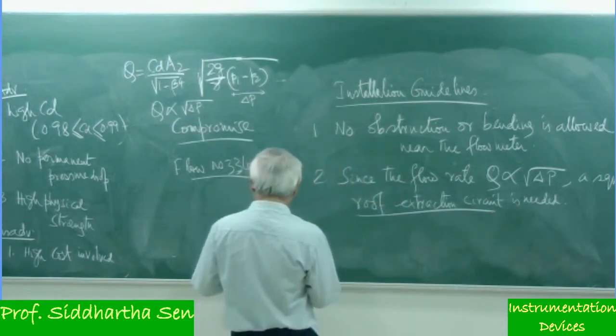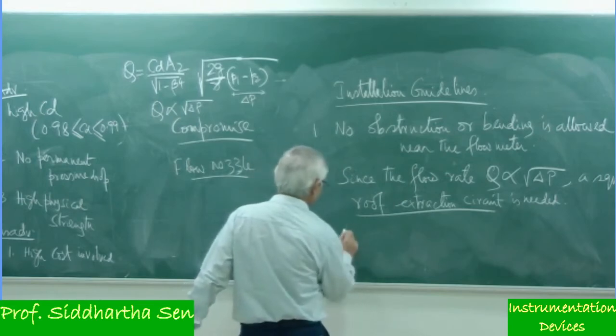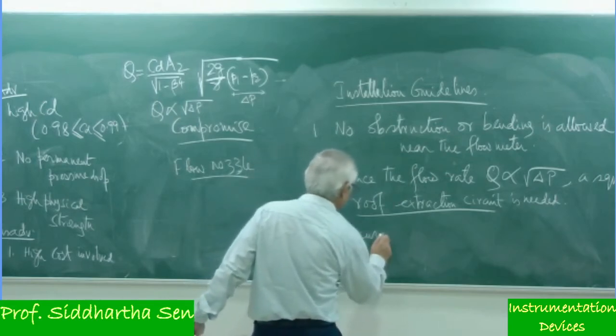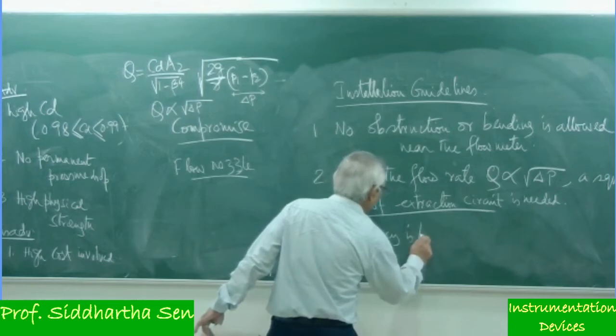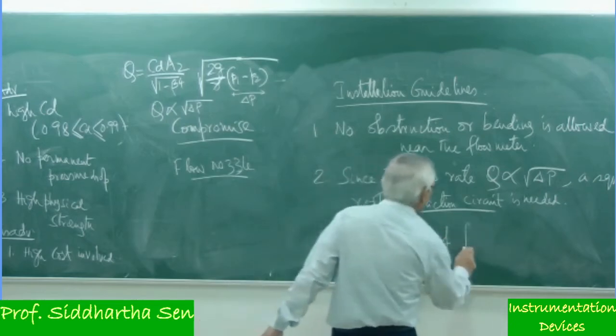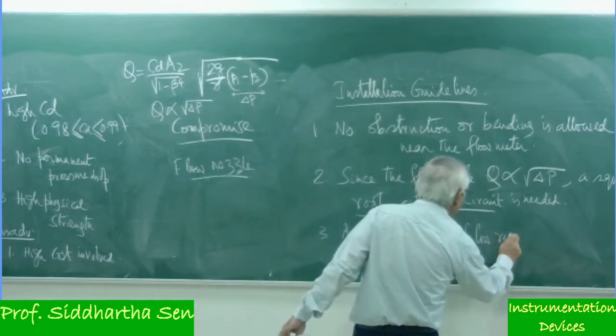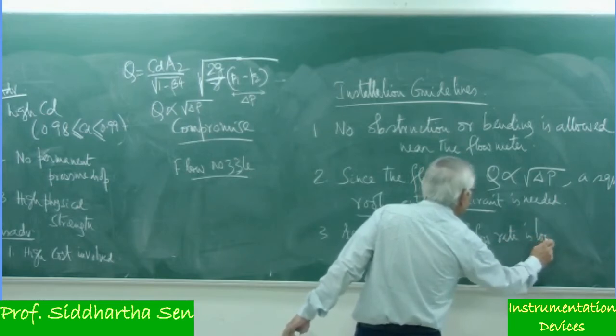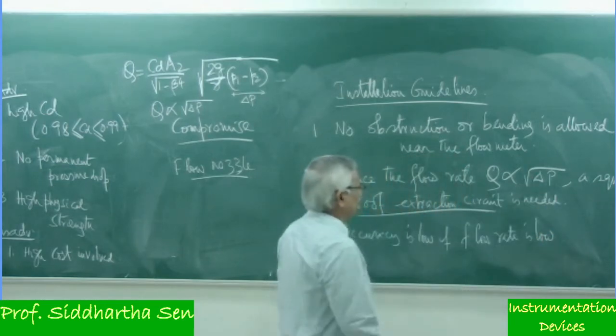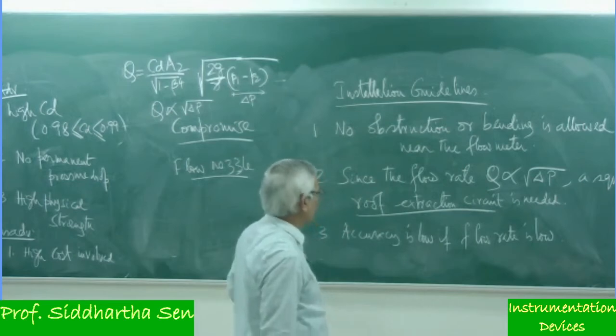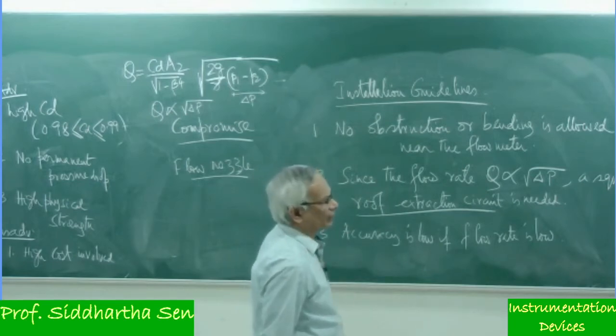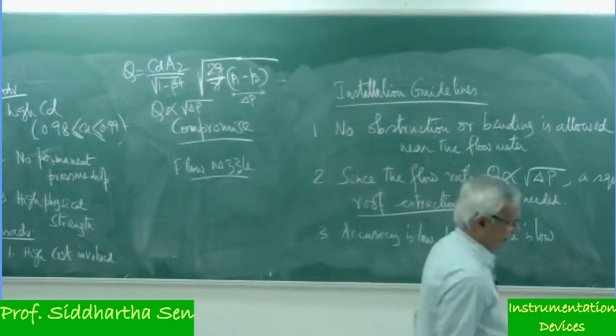And the thing is that accuracy is low if the flow rate is low, because this is a square root relationship. So if the flow rate is very low, then the accuracy will also become very low. That is another issue.